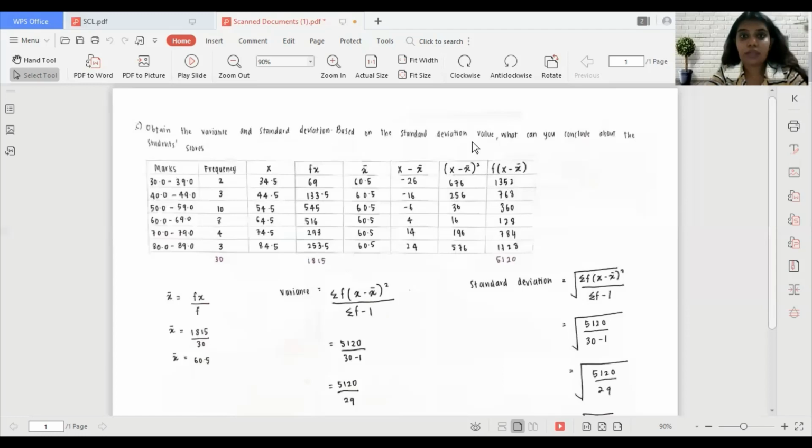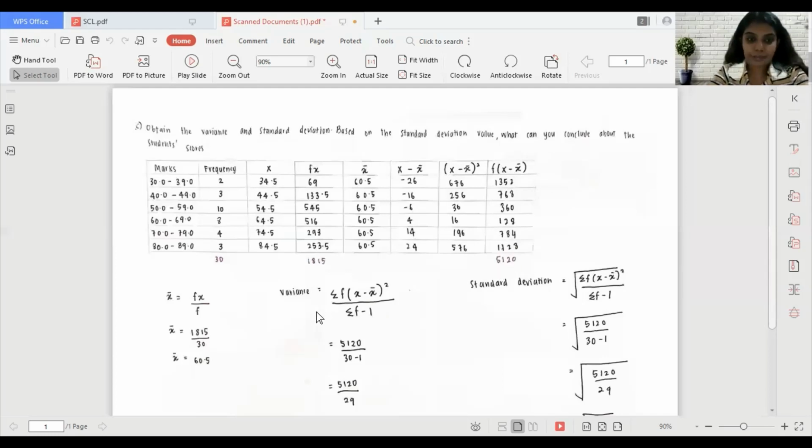F is frequency, so 2 times 676 gives 1352. 256 gives 768. 36 gives 360. 16 gives 128. 196 gives 784. 576 gives 1728. We sum up all of this, and we get 5220.